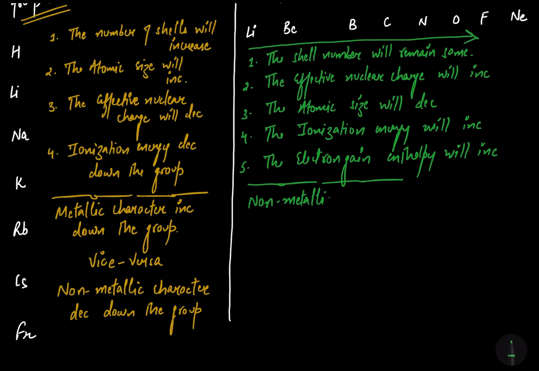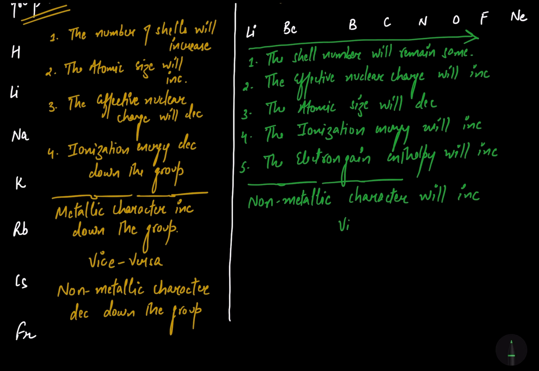From left to right, the non-metallic character will increase. Now down the group metallic character will increase, and across a period non-metallic character will increase.